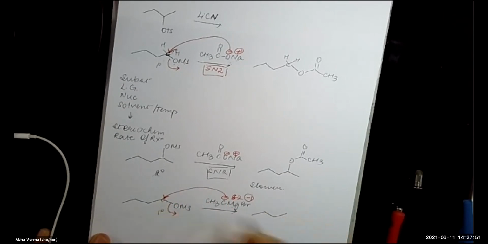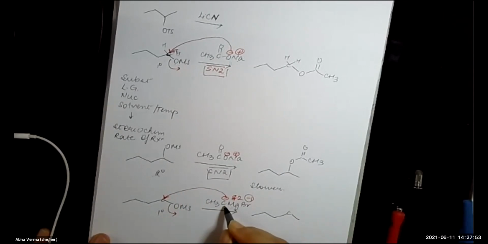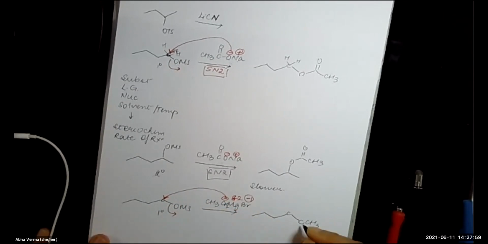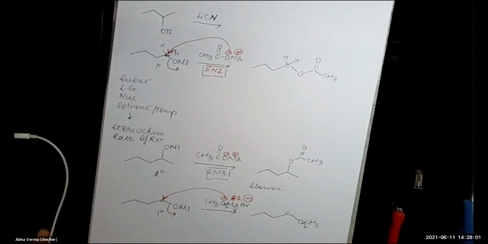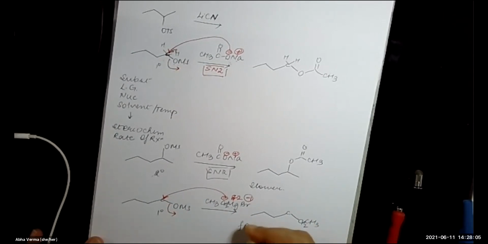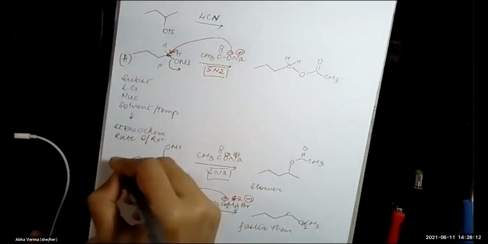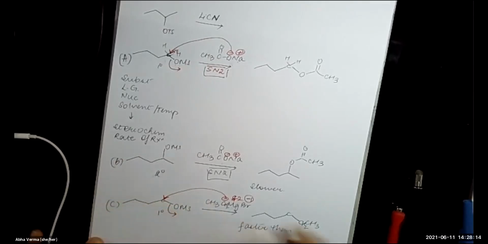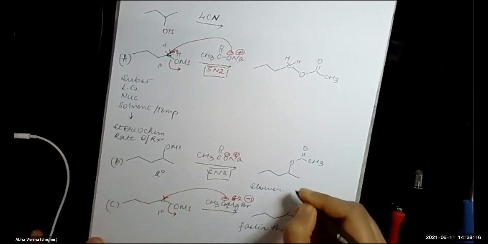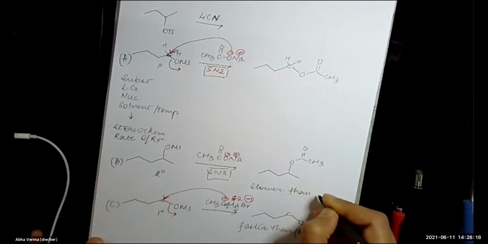By this, this carbon will have CH3. Oh, this will also have CH2, CH2, CH3. So this will be faster than, say, A, B, and C. Faster than A. Slower than.